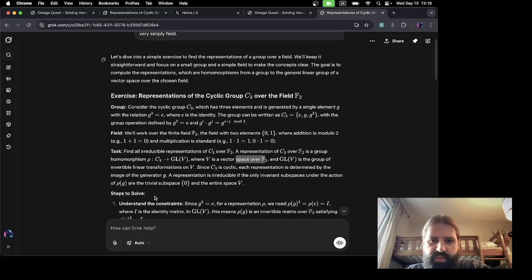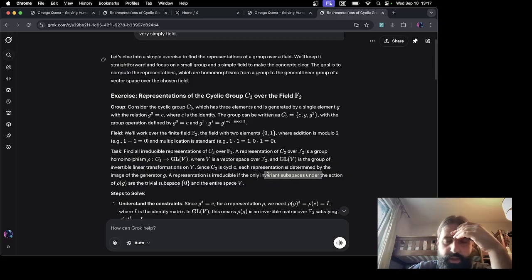Since C3 is cyclic, each representation is determined by the image of the generator G. A representation is irreducible if the only invariant subspaces under the action are the trivial subspaces.